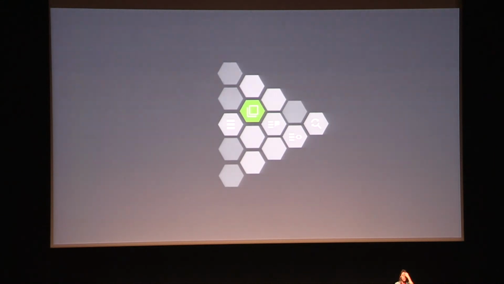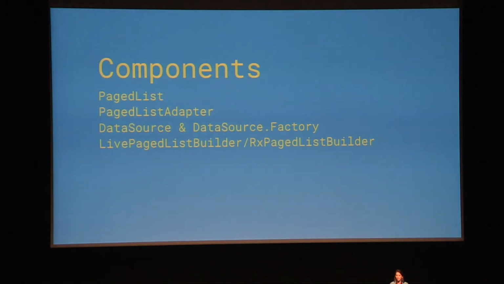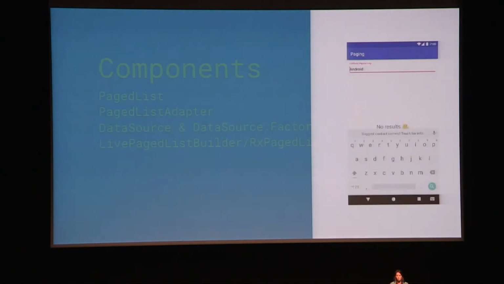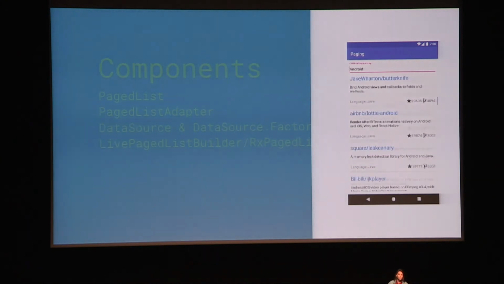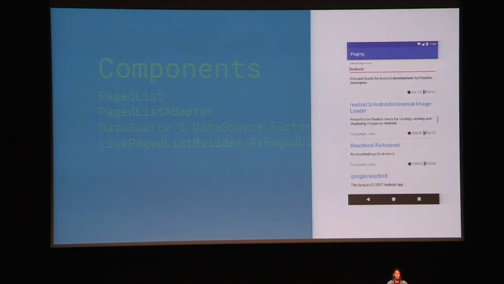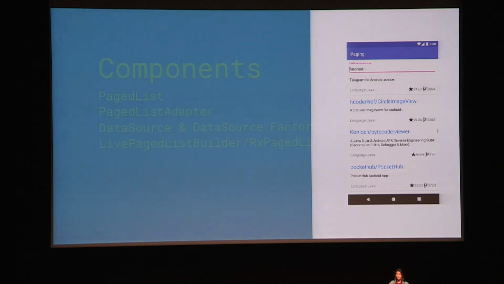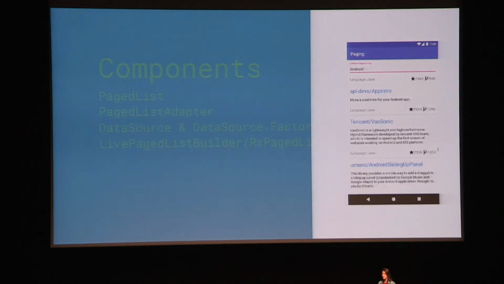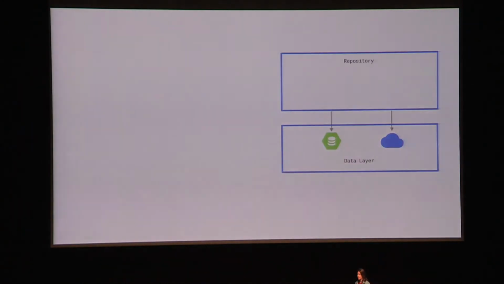So I want to go today over the main components of the paging library. And the example that we will use is also a list of repositories. More precisely, we are just querying the GitHub API and getting all the repositories that have a certain name. So let's look a little bit at the architecture of our application.